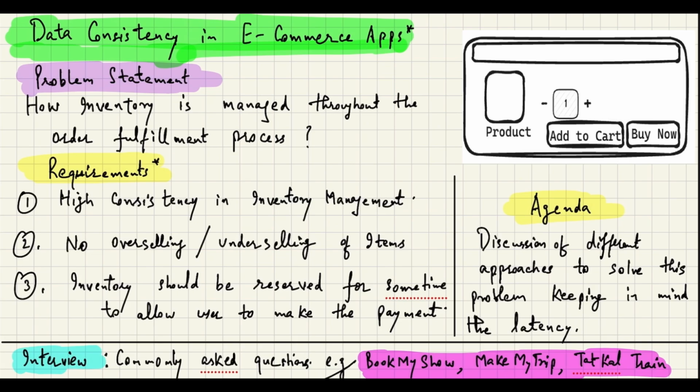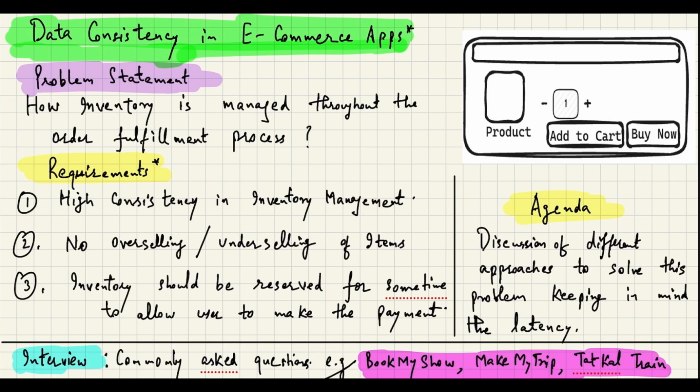While doing the payment, there is some time, for example 5 minutes or 10 minutes, while you're doing the payment, so your inventory should be reserved. There is a high possibility that the payment would succeed, and the item should be assigned to the user who is buying the product, right? So we need to maintain that as well.